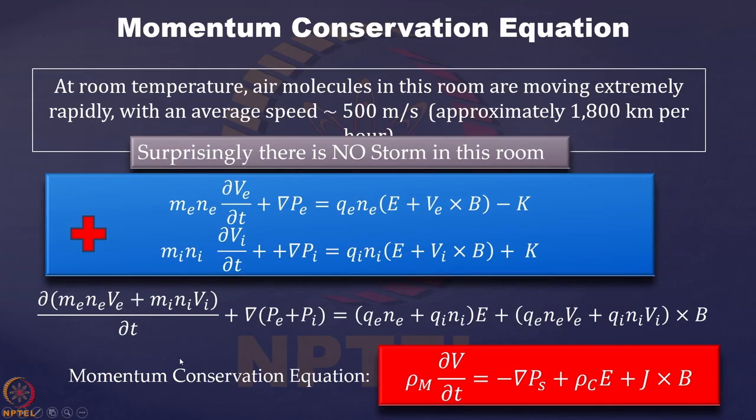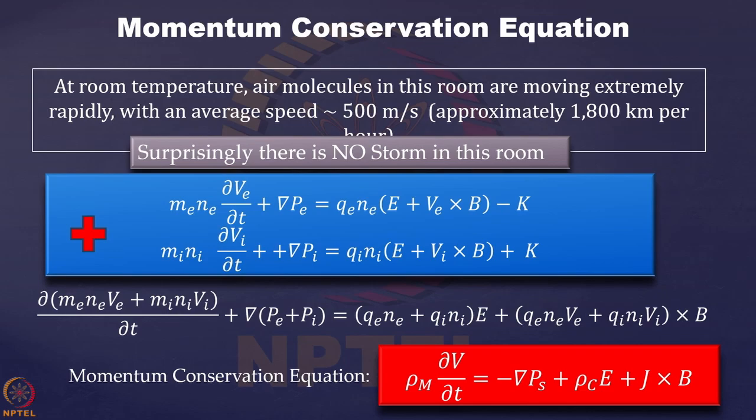Now you know that at room temperature, molecules in this room are extremely rapidly moving. So for example, you know that the average speed of a molecule in this room is around say 500 meter per second. So it is around 1800 kilometer per hour.